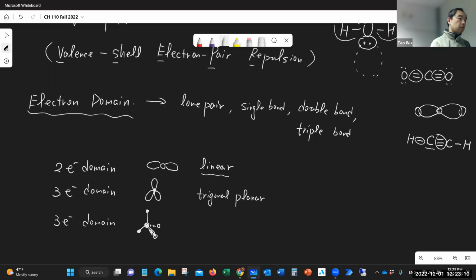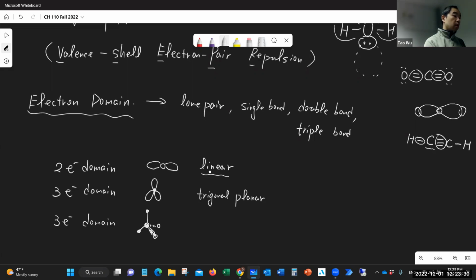Wedge and dash, this is generally what we talk about. You will not see this until you take organic chemistry. Then the teacher will want you to draw the 3D structure for the molecules.